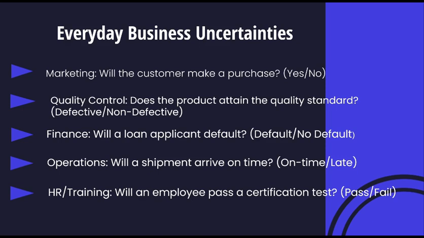Otherwise, either that person's candidature will be rejected, or he might be given another training so that this time at least the individual can pass. So I, as a trainer or as a member of the HR organization of the company, am interested to know whether the employee will pass the certification test or fail. This is a yes, no, pass, fail type of situation.